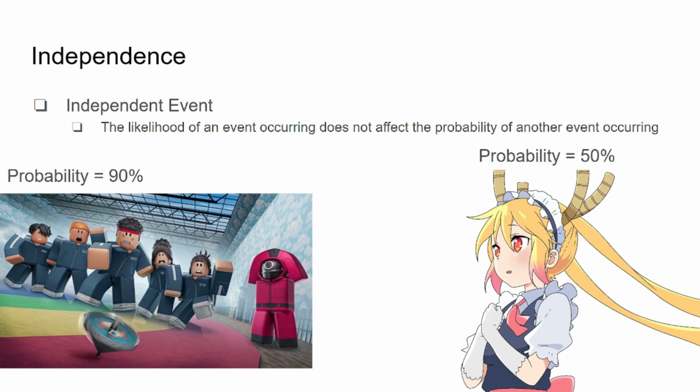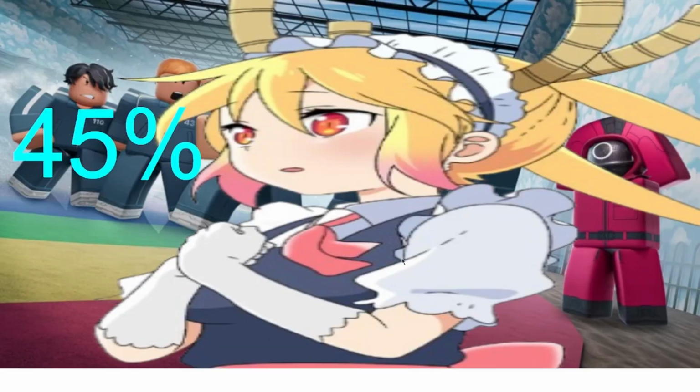So if I want to calculate the probability of me being able to do both, I just have to take 90% times 50%, which will give me 45%. This is why independence is important, because if the events are not independent, you cannot calculate their probability like this.